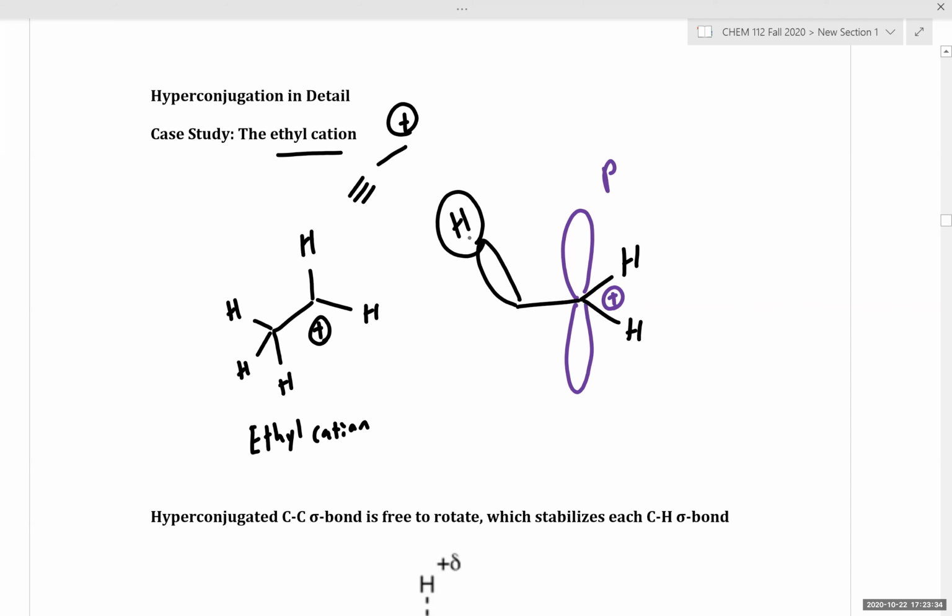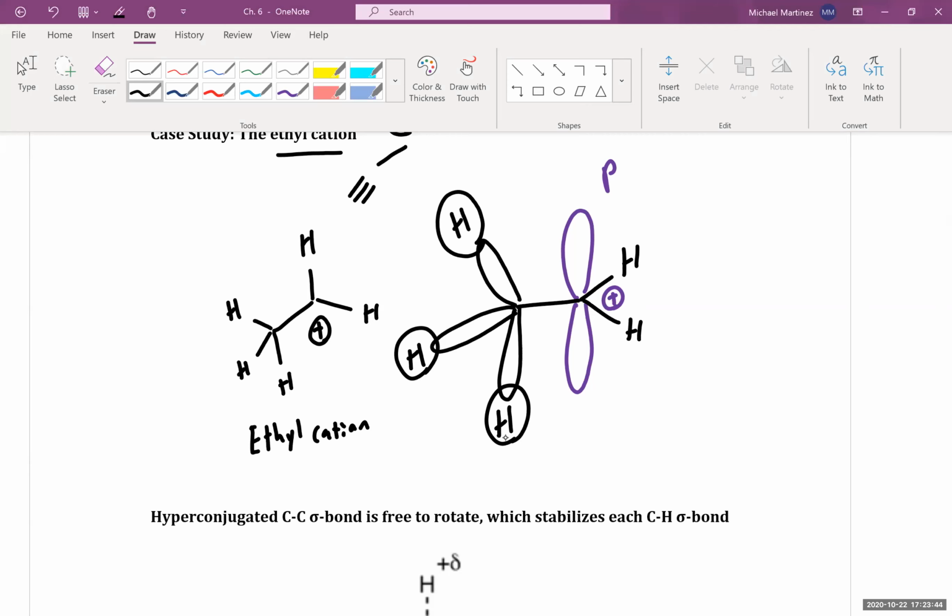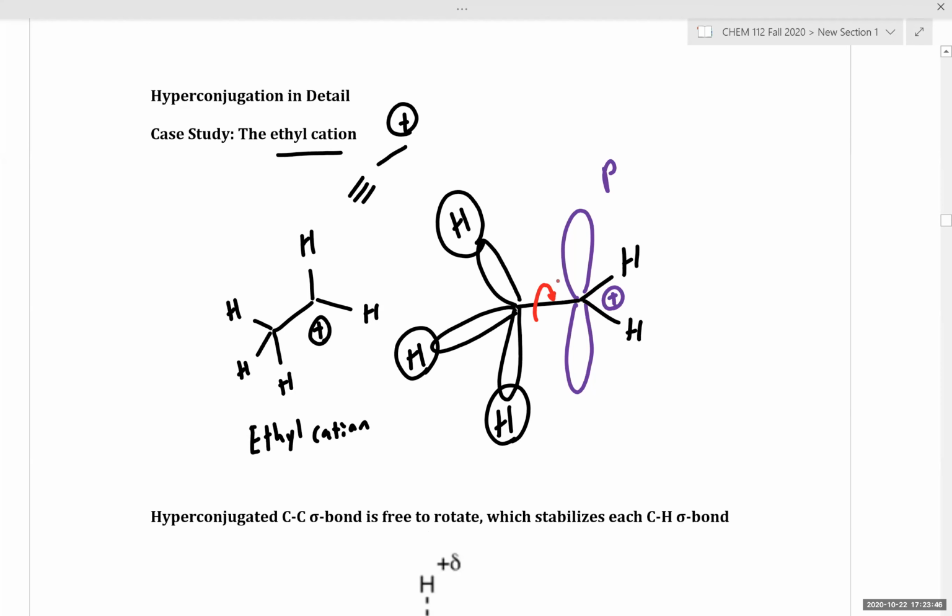I'm going to draw the molecular orbital picture out so that we can help notice overlapping effects. What's really important to note is that this carbon-carbon bond can rotate.